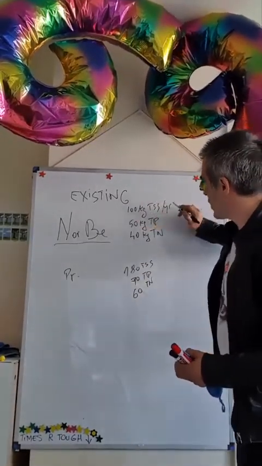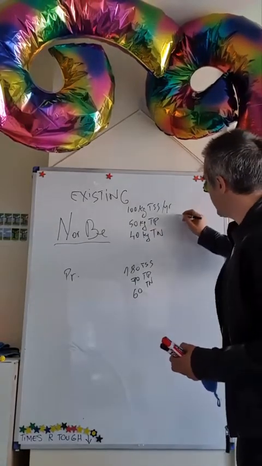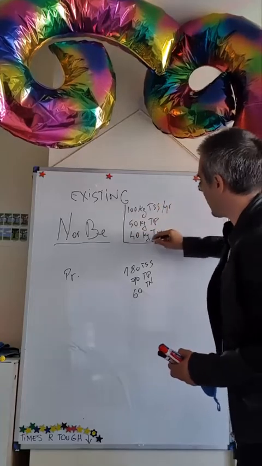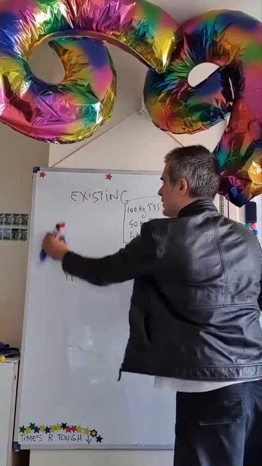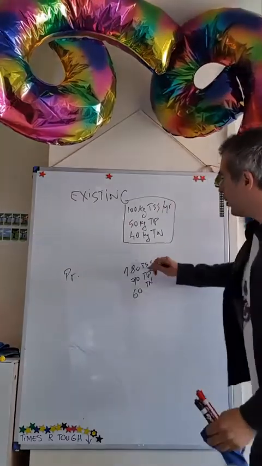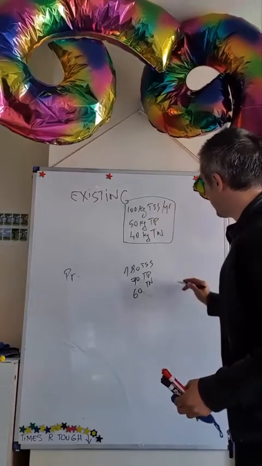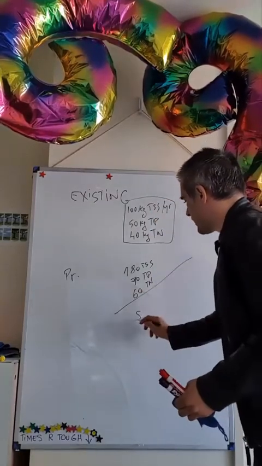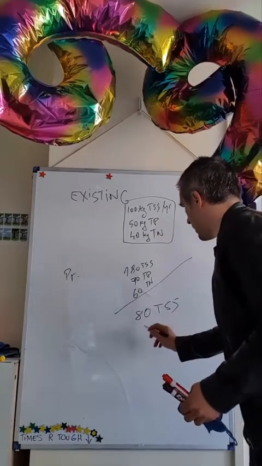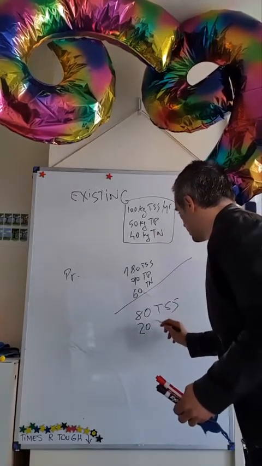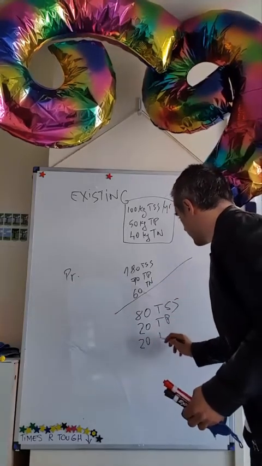So existing generates 100, development generates 180. So what do we do? We consider this grandfathered in, and the reduction rules only apply to the difference. So 180 minus 100 is 80 TSS, and 70 minus 50 is 20 TP, and 60 minus 40 is 20 TN.